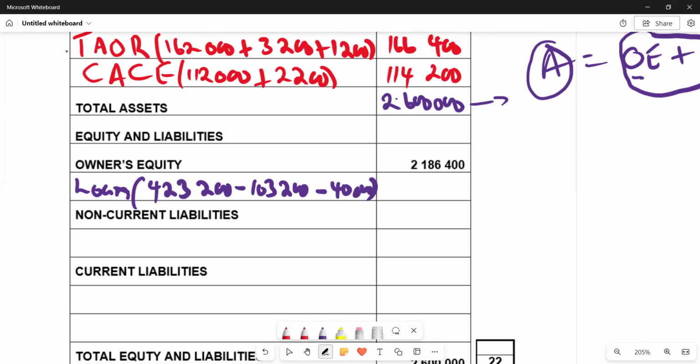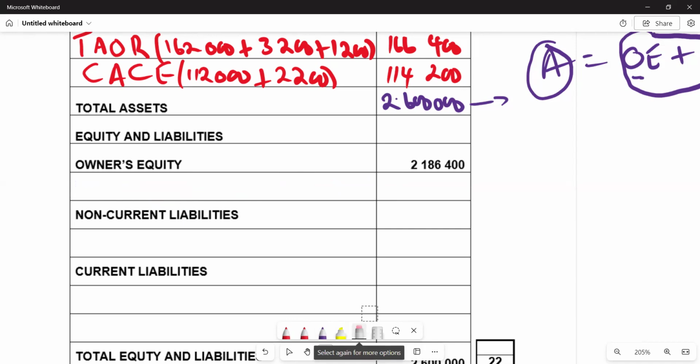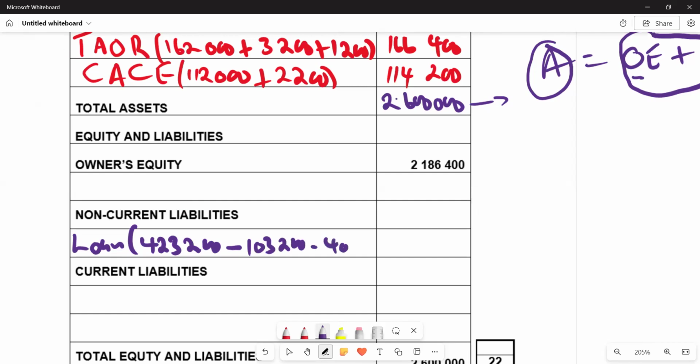This working is supposed to be there for the current liabilities, so we can just remove it here. And now we are saying our loan is 420,200 less 103,200, which are the repayments, then less 40,000. And the answer that we get there is 280,000.